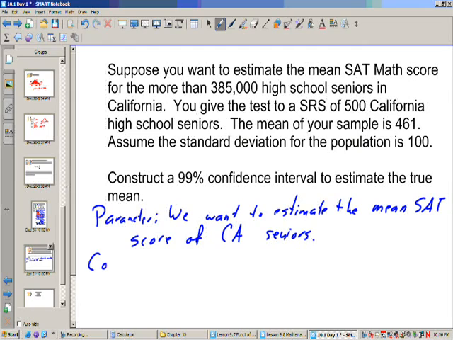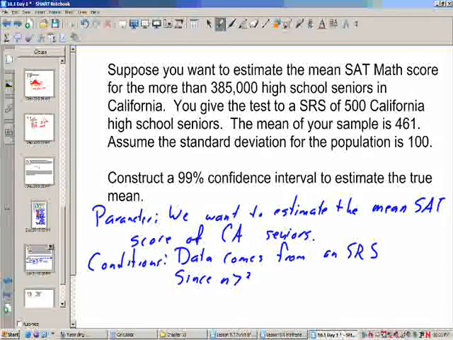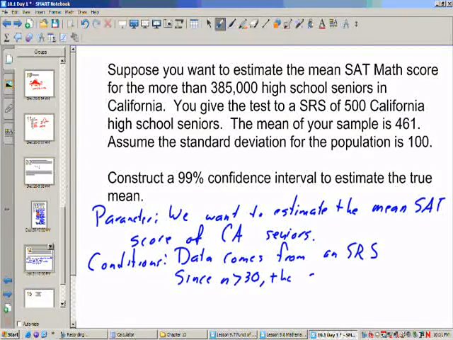Now we look at the conditions. Data comes from an SRS. We have 500, so since n is greater than 30, the sampling distribution is approximately normal.